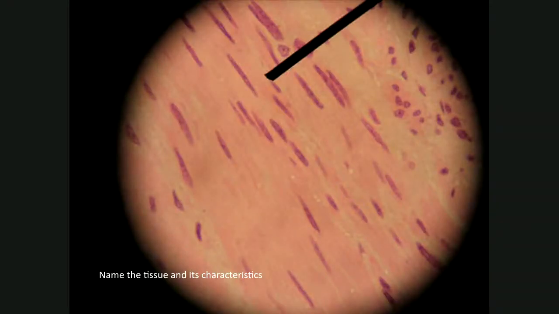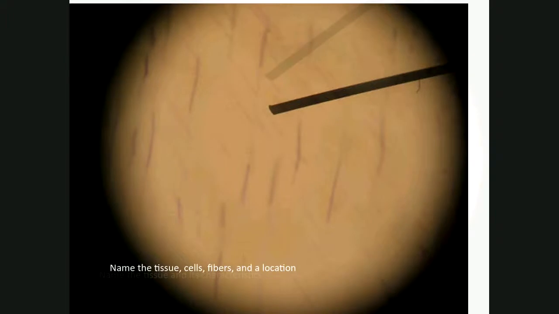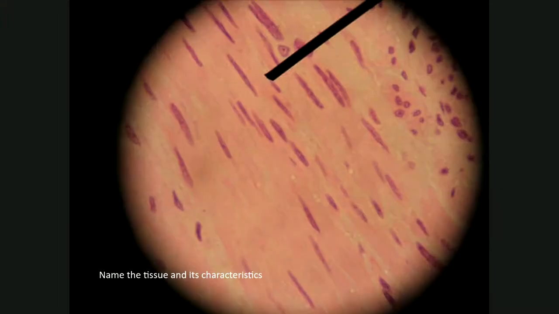This is another one. There's two hard tissues to identify. We already saw one, which was dense regular connective tissue. Sometimes students confuse dense regular connective tissue with this tissue right here. This is the difference. First of all, these structures right here are bigger.